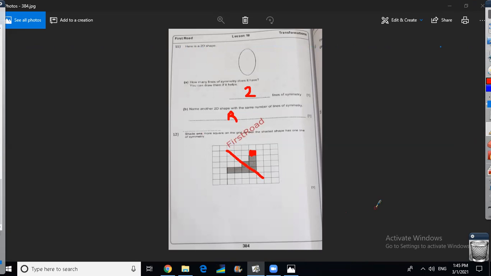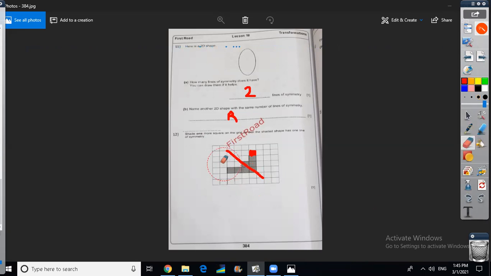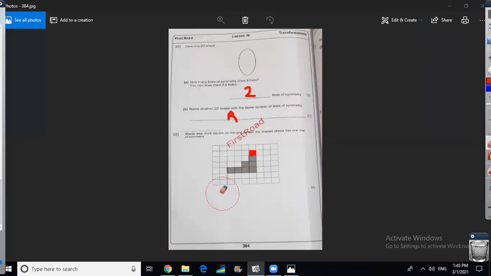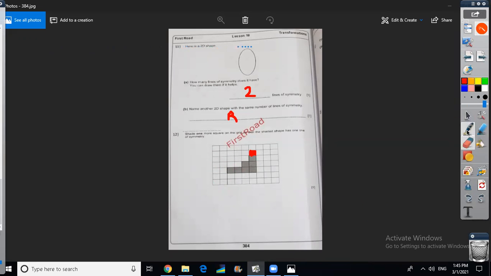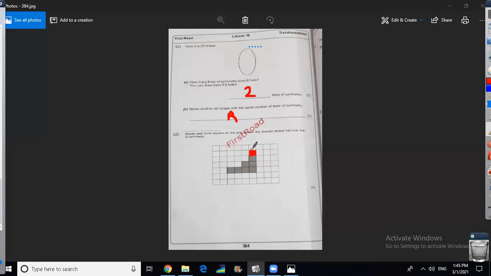They didn't ask you to draw the line of symmetry, so I don't need it. There are 4 down, so I'll make also 4 up as if I'm gonna draw a square, but it's incomplete. So the line of symmetry is gonna be diagonal this way. So I don't need to draw the line of symmetry, just shading only this square here to make this a symmetrical shape.